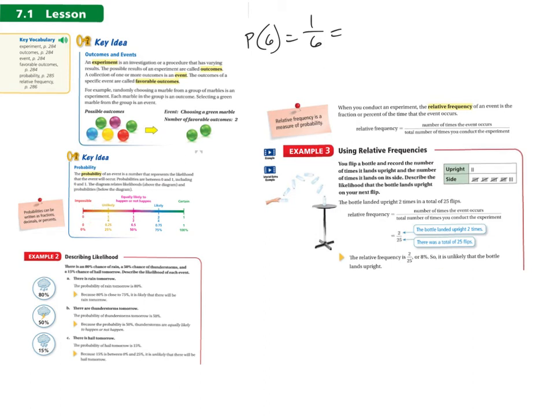Not impossible, but unlikely. Okay, so now we're going to talk about 7.2, which introduces the idea of theoretical probability versus experimental probability. And guys, this is very simple. Experimental is a probability you come up with based on an experiment, or the relative frequency, as we talked about earlier.